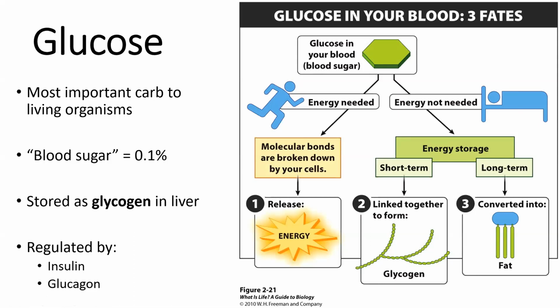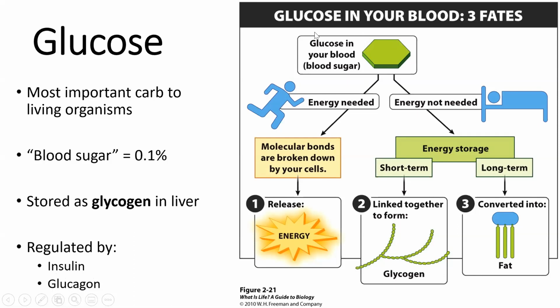And the way that we regulate blood sugar is via hormones that are produced by the pancreas. One that you've heard of that breaks down glucose, insulin, and another that builds complex carbohydrates, which is glucagon, which actually produces glycogen.